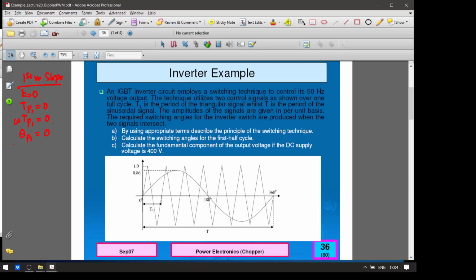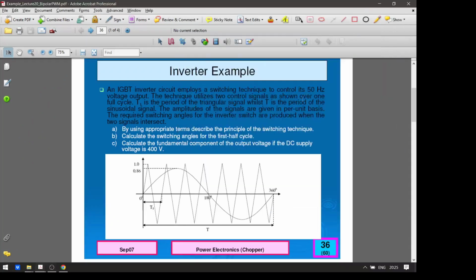So we have analyzed that, and then we proceed with the first negative slope equation. Okay, we have found what will be the first angle here: for the first positive slope, we have theta p1, obviously 0 radian, isn't it?